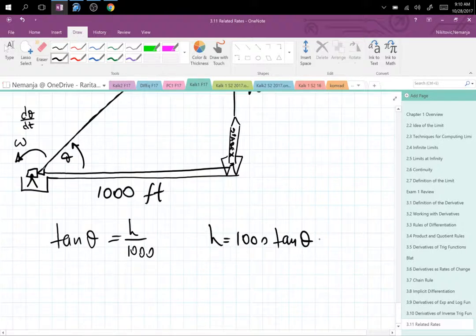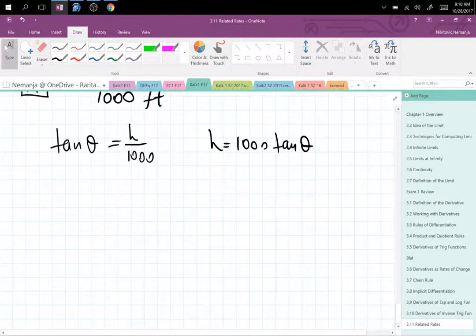Now, what concept do we need? We need the concept of d theta dt. So what do we have to do to get d theta dt? Exactly, differentiate with respect to time.